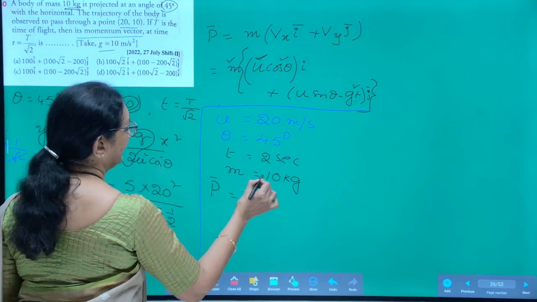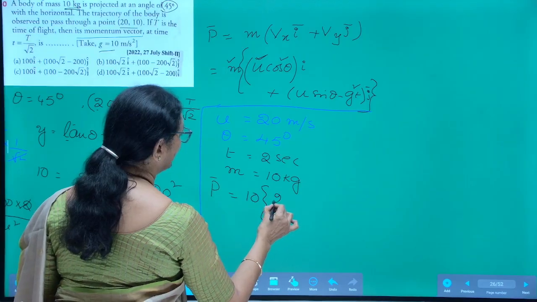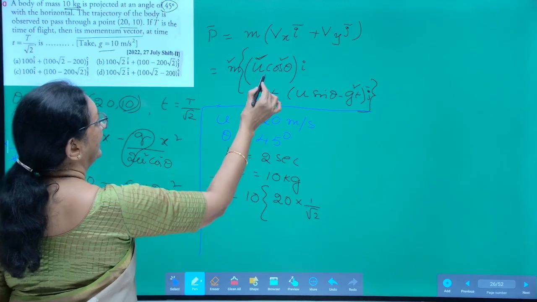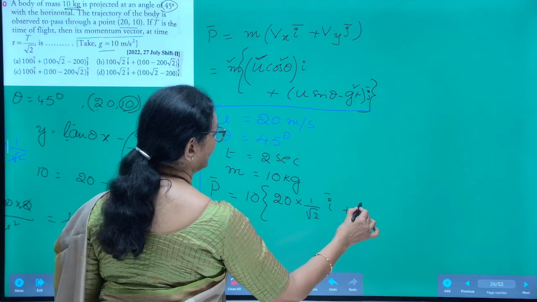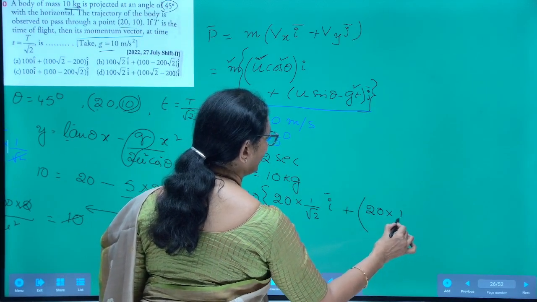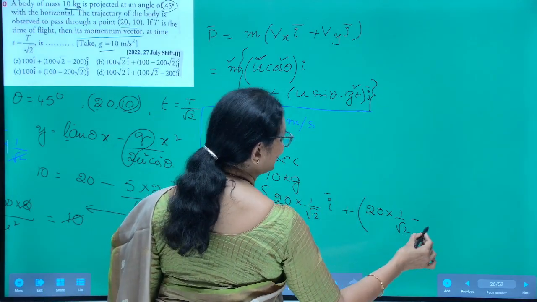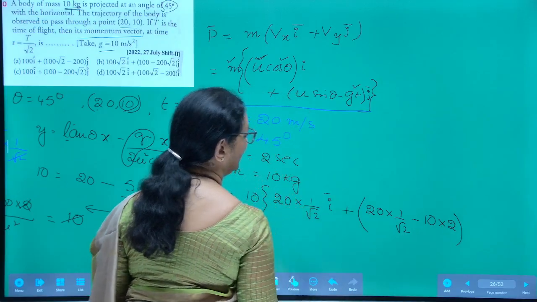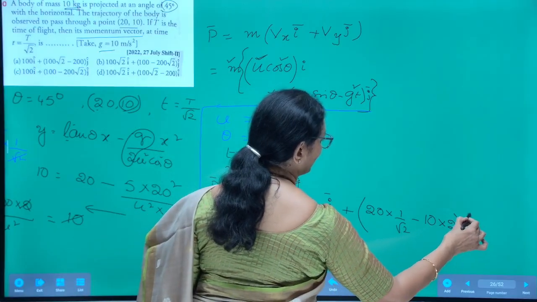Momentum is m into u cos theta, 20 into cos 45 is 1 by root 2, i bar, plus u is 20, sin theta is 1 by root 2, minus g t, g is 10, t is 2, u sin theta minus gt, j bar.